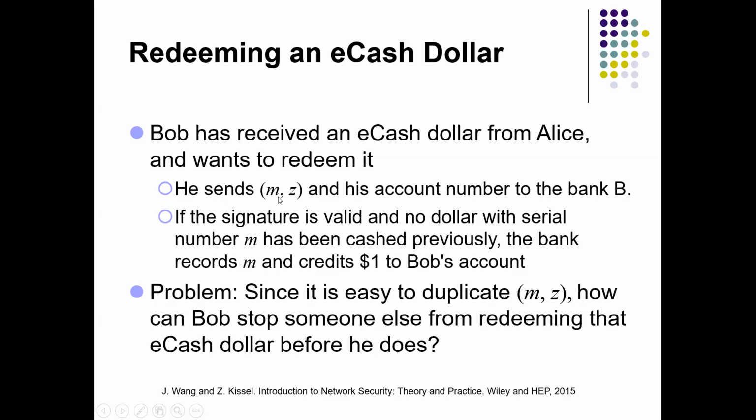Once this M comma Z is in Bob's hand, of course, nobody else would know this comes from Alice because there's no way any trace is left on this M and Z. And obviously the bank doesn't know who creates this M either, because when the bank signs it, the bank doesn't see M. What he sees is X. So he doesn't see M. So nobody knows who created M, and nobody knows the prior owner of M.